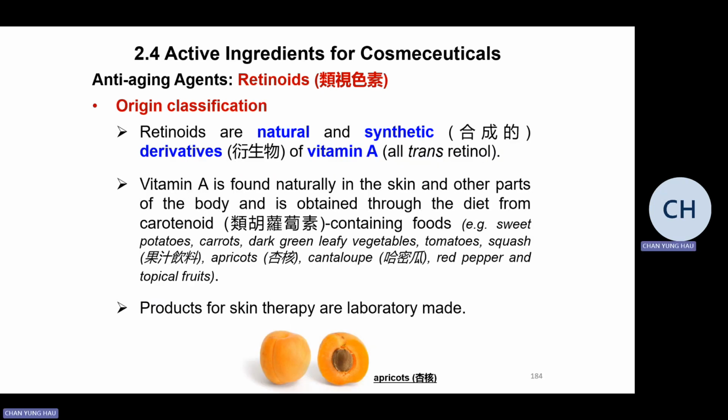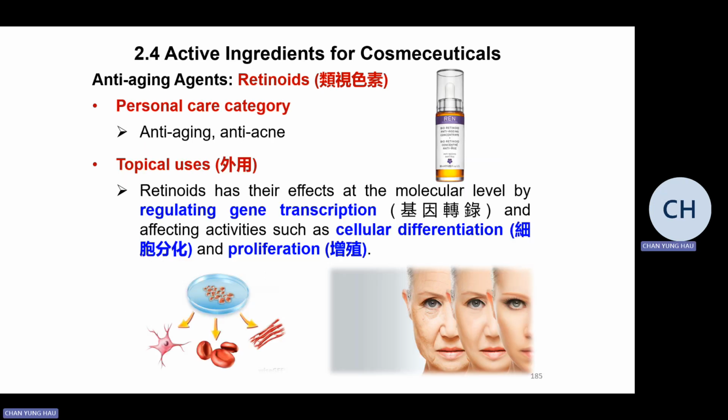So retinoid can be natural or synthetic. It's a derivative of vitamin A, as I told you before, and it belongs to anti-aging and anti-acne products. Retinoid has effects at the molecular level by regulating gene transcription and affecting activities, for example cellular differentiation and proliferation.